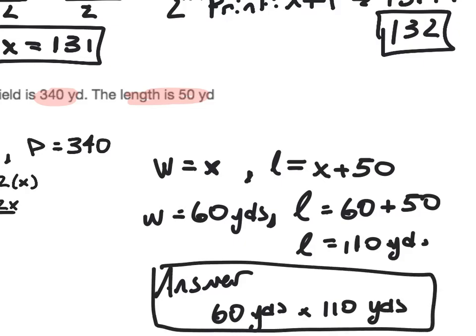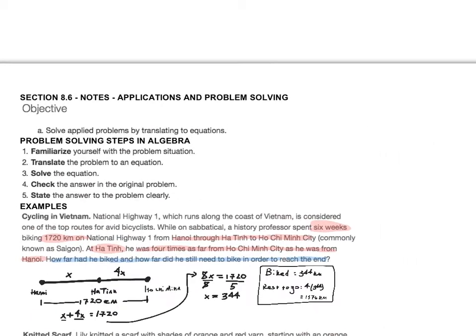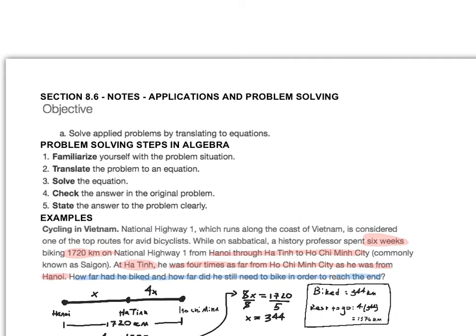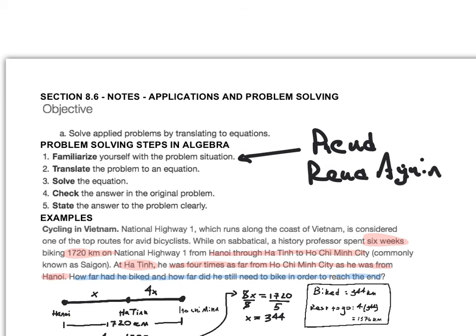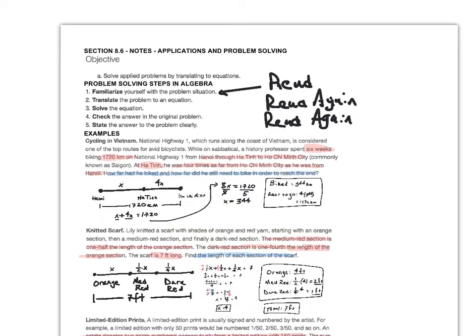So a lot of these problems, guys, really do require you to read and understand the question. The thing that I want to say here is that to familiarize yourself with the problem or situation, I would read, read again, and read again, until you understand what it's asking you.